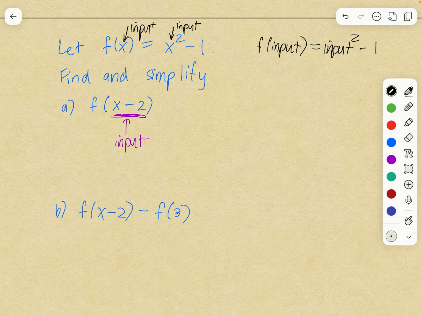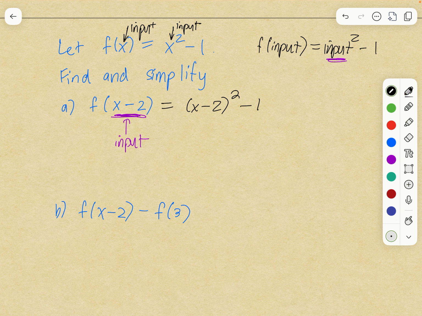And we know what f does to the input. You square it and then subtract 1. So f evaluated at x minus 2 is equal to x minus 2 in parentheses squared minus 1. Because that's what I get when I substitute x minus 2 in for the input.